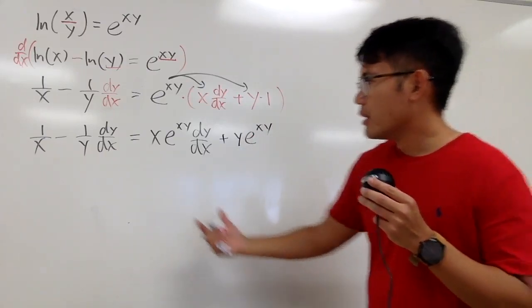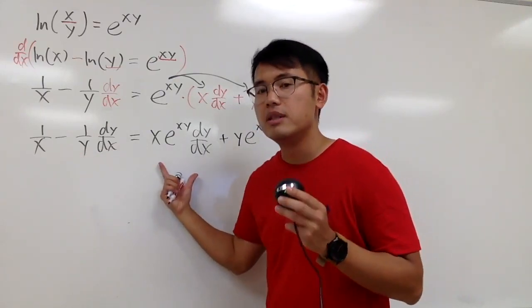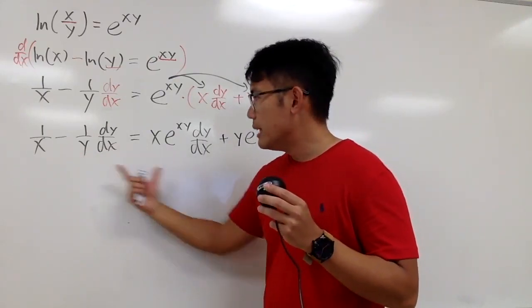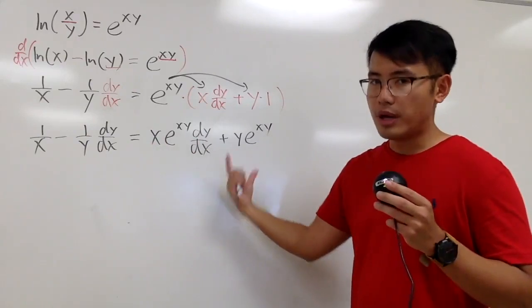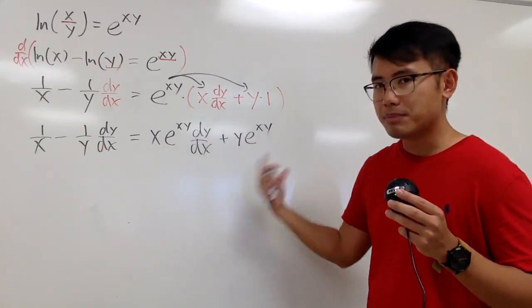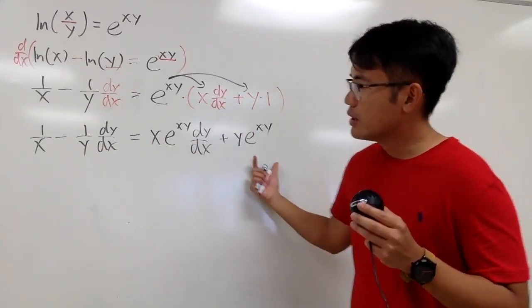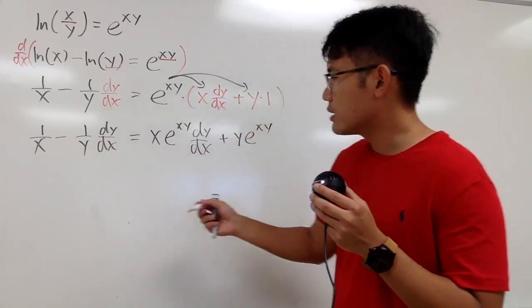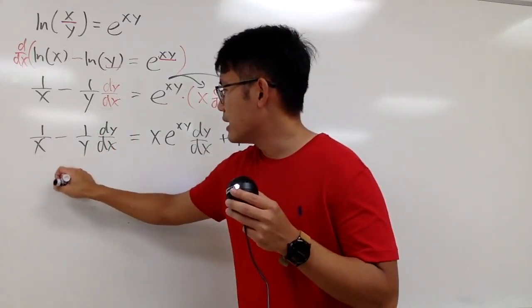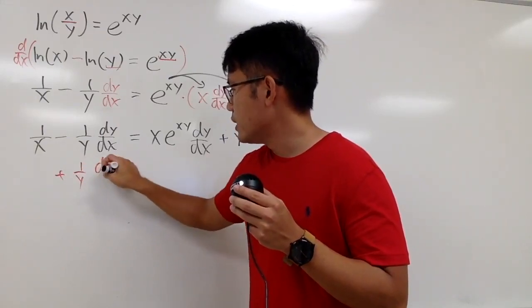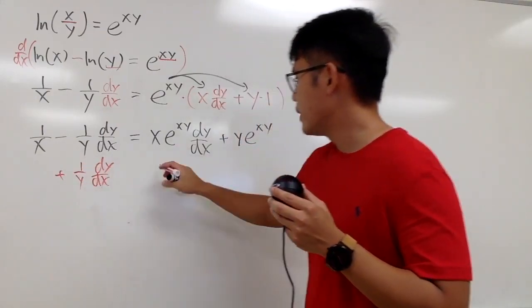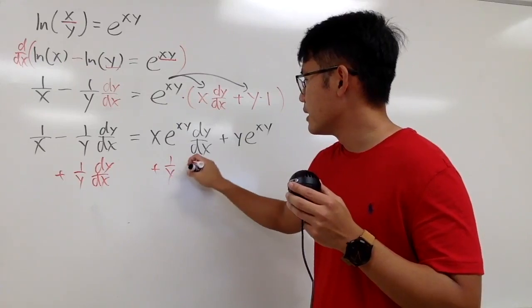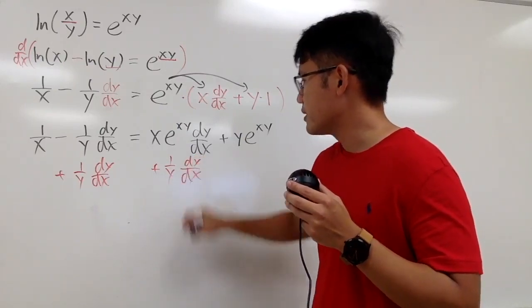And now, these two terms have the dy/dx. Let me bring this to the right-hand side so that I can deal with everything positive, right? And then I'll bring this to the other side. So perhaps I will show you the work. I will write down plus 1 over y dy/dx here.